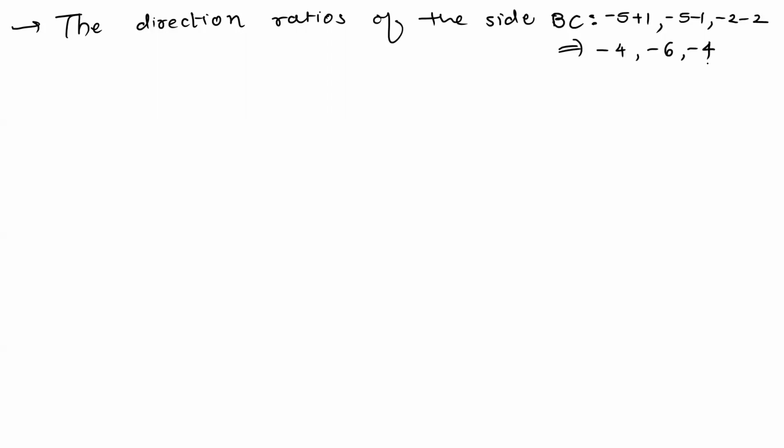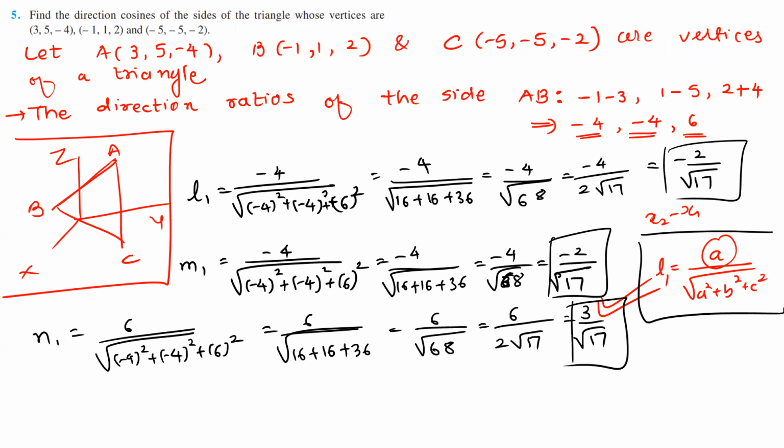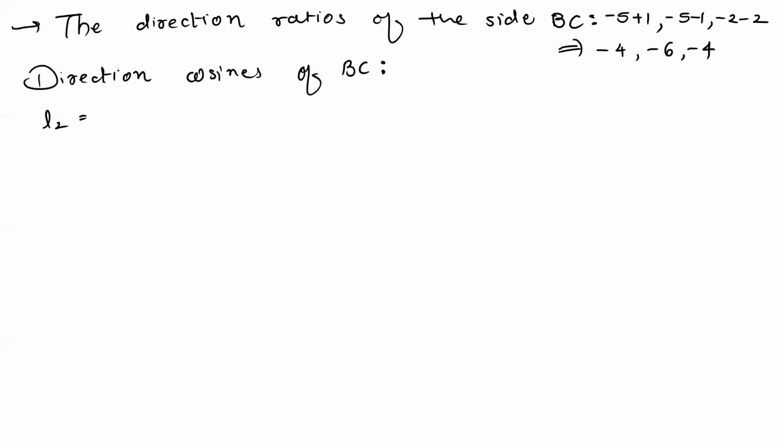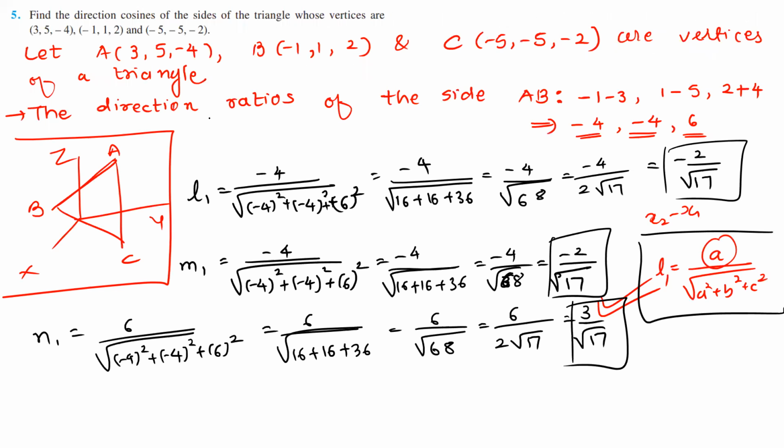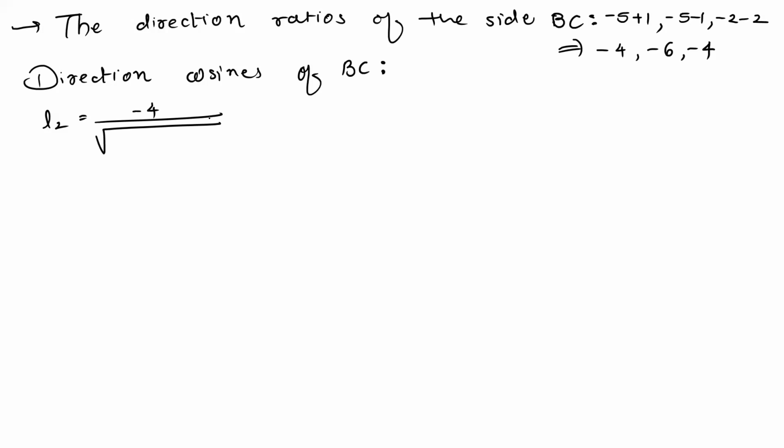With the help of this, we consider these ratios as A, B, and C. Let's find the direction cosines L2, M2, N2. The denominators are the same, and everything will be like this.